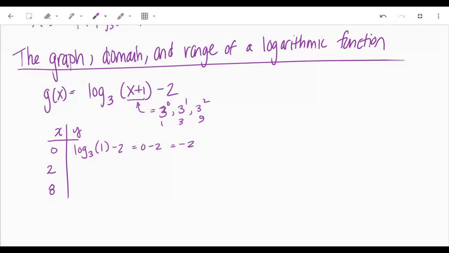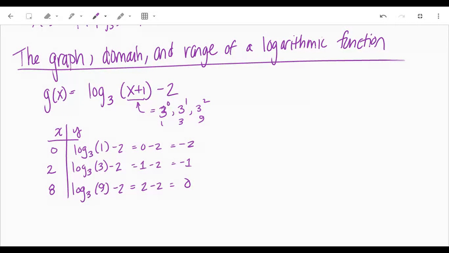And 8 would make it 9. So if I plug in 2, then I get log base 3 of 3 minus 2, which is 1 minus 2. And if I plug in 8, then I get log base 3 of 9 minus 2, which is 2 minus 2, which is 0.